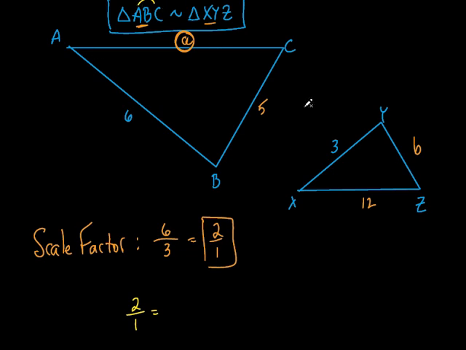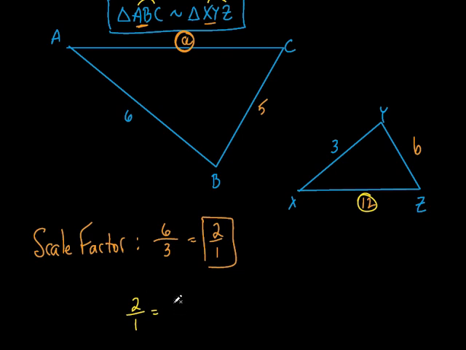What side over here corresponds to side AC? Well, I went for the first one and the third one, so over here, X and Z. So XZ. So A corresponds to what? To 12. So watch what I did. My scale factor is 2 to 1.